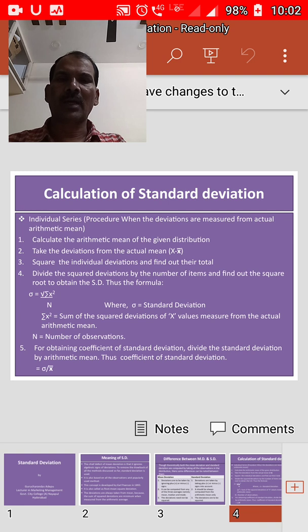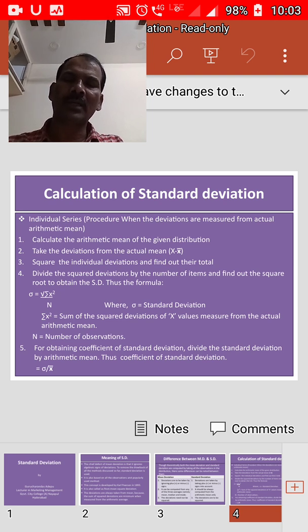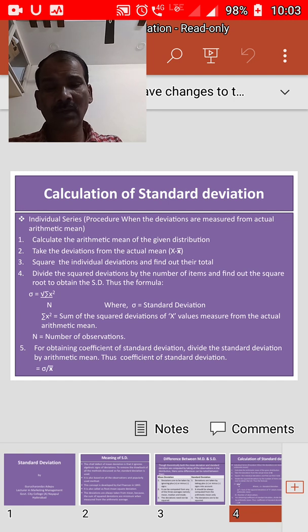Thus the formula is sigma equals the square root of sigma x squared by n, where small sigma is the standard deviation, big sigma x squared is the sum of squared deviations of x values measured from the actual arithmetic mean, and n is the total number of observations.